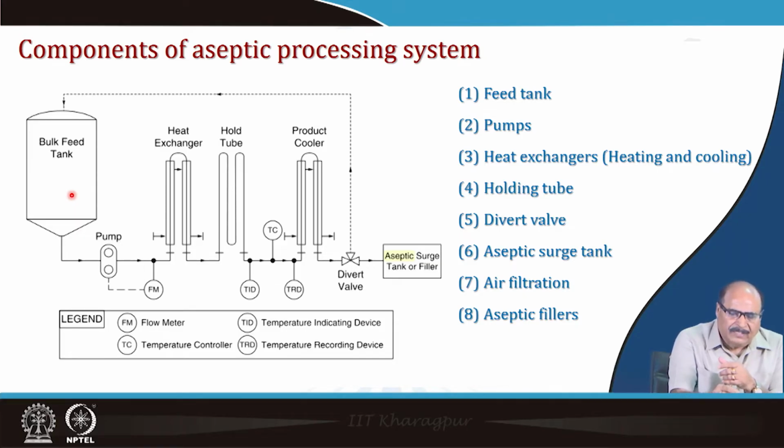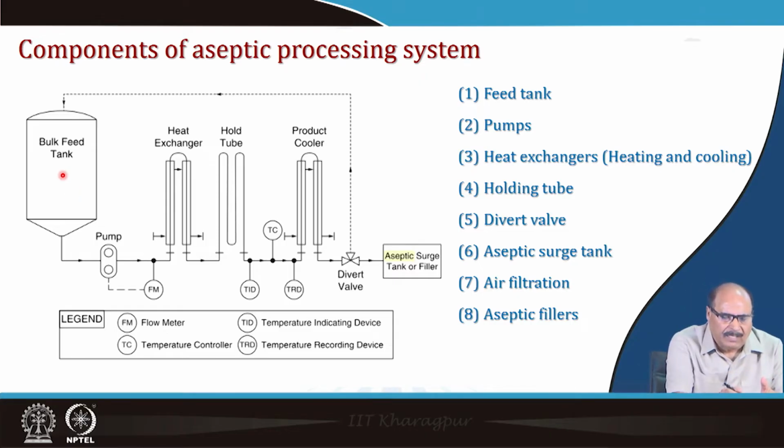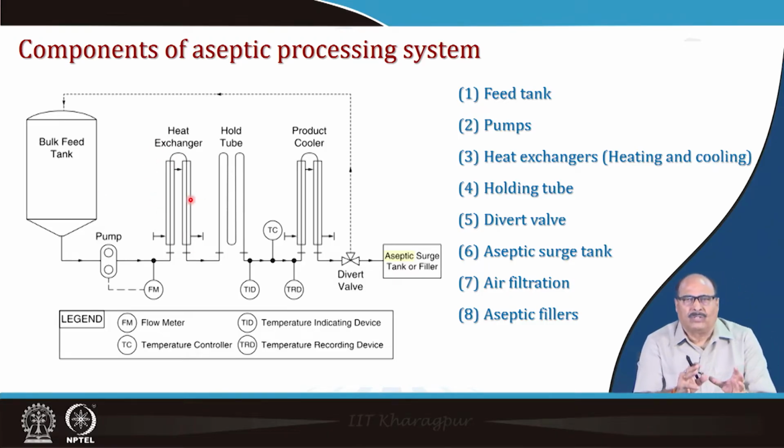From the feed tank, there should be suitable pumps which can feed this material to the heat exchangers. So, through the appropriate pumping system, the material from the bulk feed tank is taken to the heat exchangers, where it is exposed to the calculated time temperature combination, the required amount of heat for giving the desired commercial sterility.